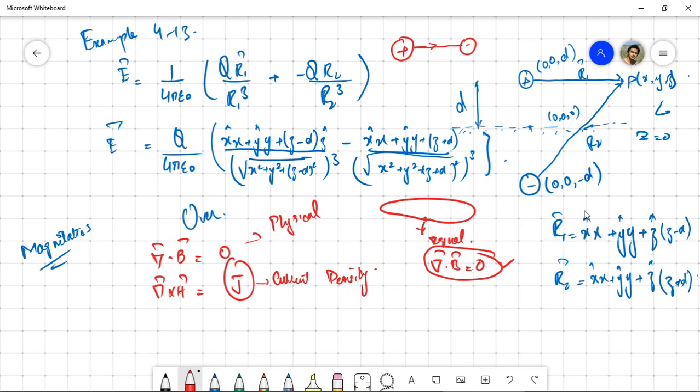So we have always considered that an electric monopole can exist. We have considered electric monopoles many times, we just did in the last example. We only had a positive charge. But in the case of magnetic fields, because the magnetic lines of force are always in the form of a loop, there is no possibility that a magnetic monopole can exist.